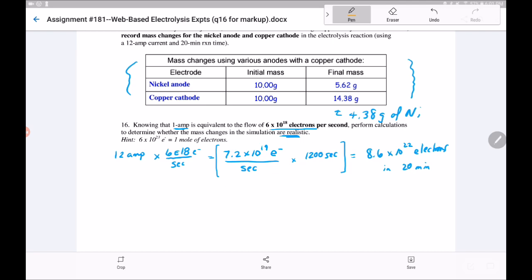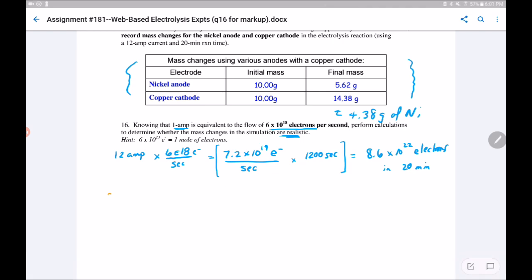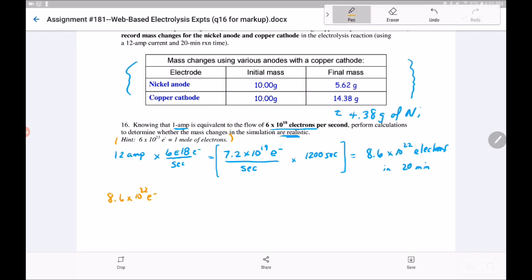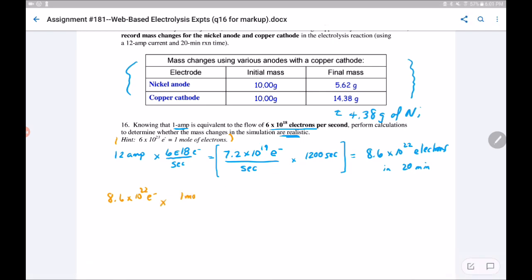Now that we know how many electrons have flowed, we can try to get to how much mass that corresponds to. So now I'm using the hint. If we have that many electrons, how many moles is that? This is Avogadro's number. I'll write it the calculator way.